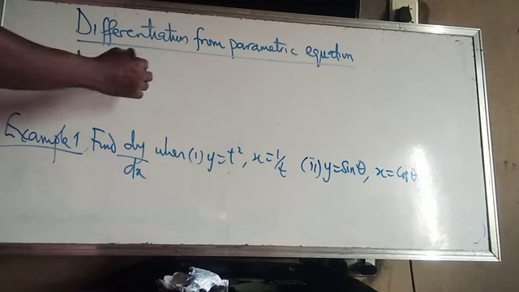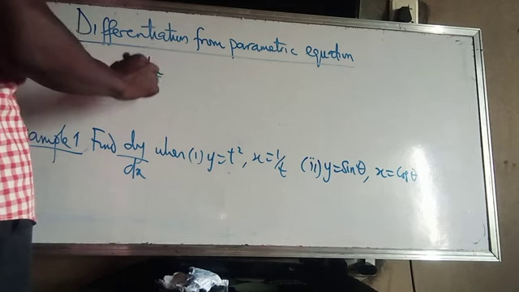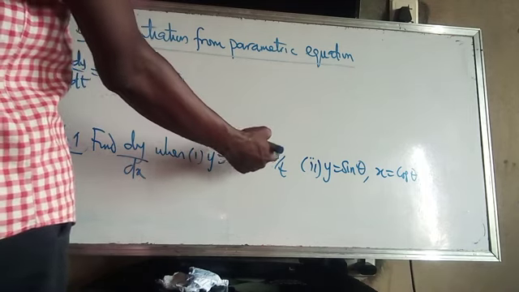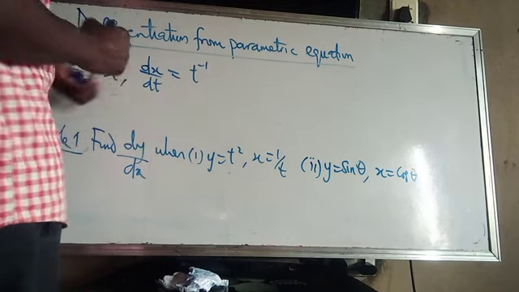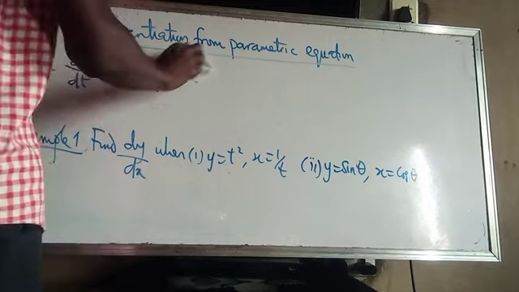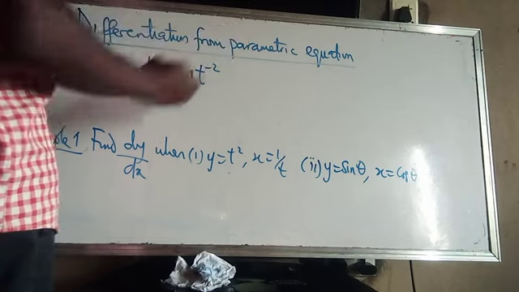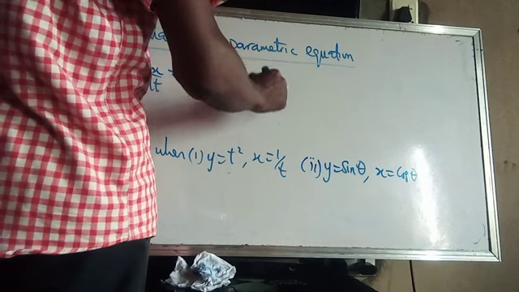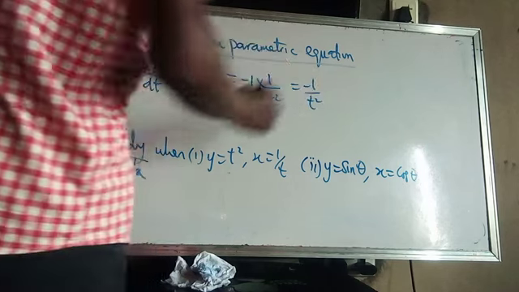So it's 2t. And your dx/dt here, if you differentiate x with respect to t, this 1 over t is like t raised to power minus 1, according to the law of indices. So that means we now have minus 1 times t raised to power minus 2. So you have minus 1 times 1 over t raised to power 2. That's minus 1 over t squared.